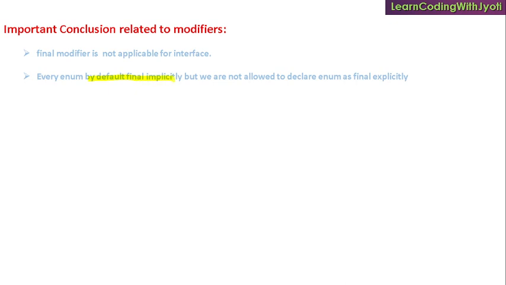That's why we cannot use final modifier with the enum explicitly. It is by default final, but we can't apply final. Next, final and abstract modifiers are not applicable for enum. As we have seen, for enum final is there by default. So if the enum is final, then abstract is not applicable.